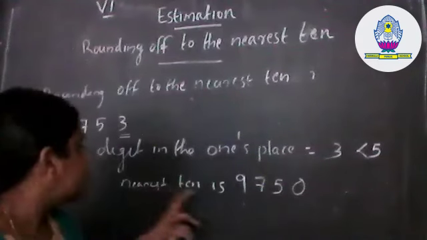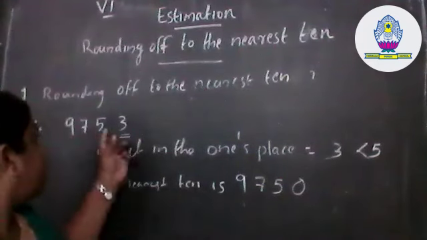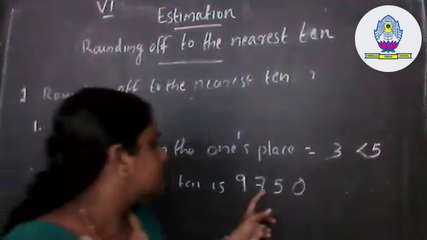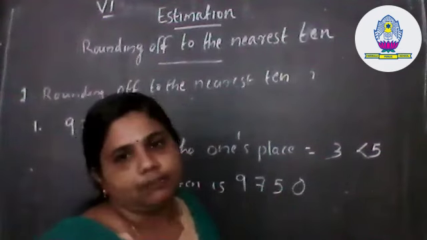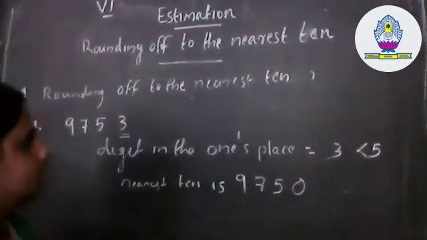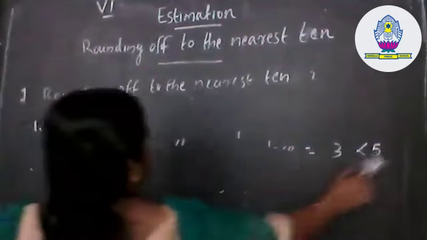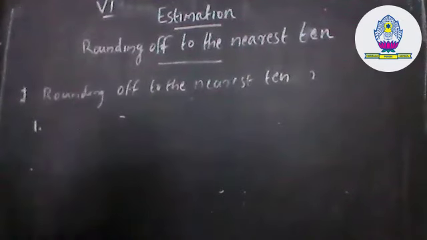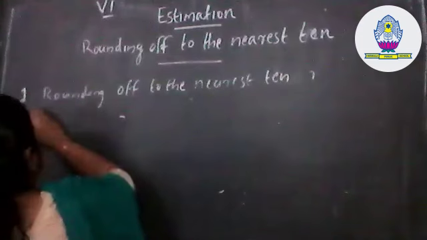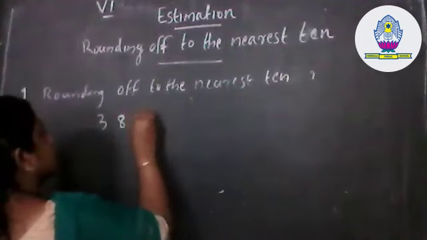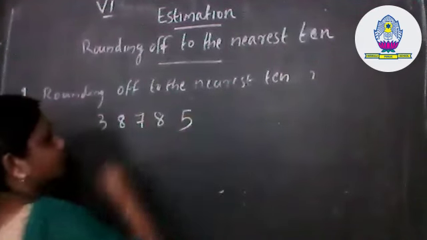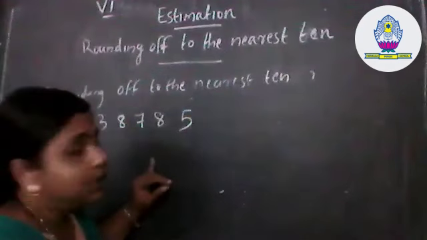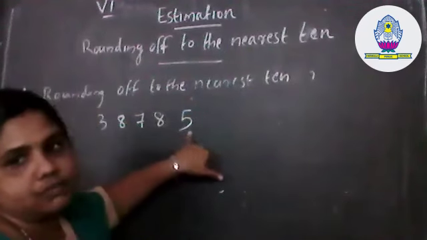So the nearest 10 of 9753 is 9750. Then the second question is 38785. In this question, take the last digit.